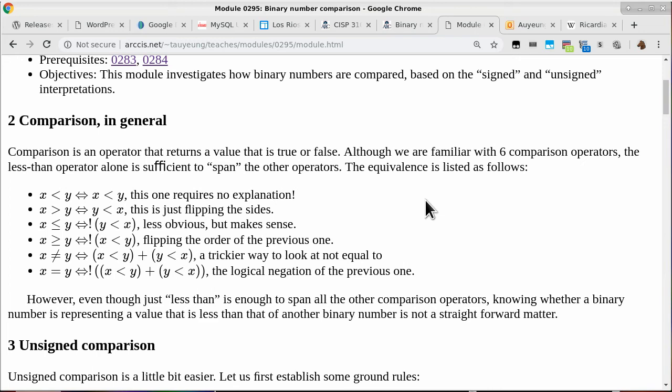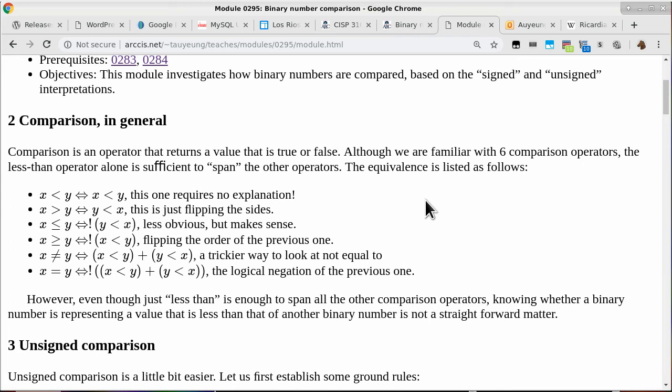And this is also why in some programming languages, not equal to is represented by less than greater than. I think SQL is like that, and a few other programming languages also express not equal to with just less than greater than, because that's basically what it is.